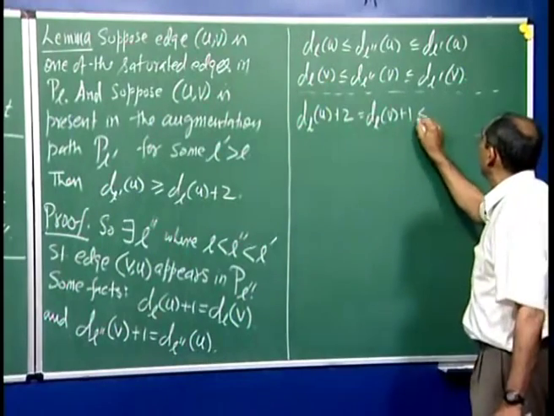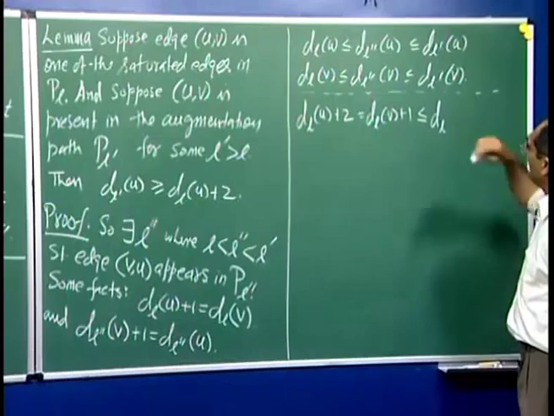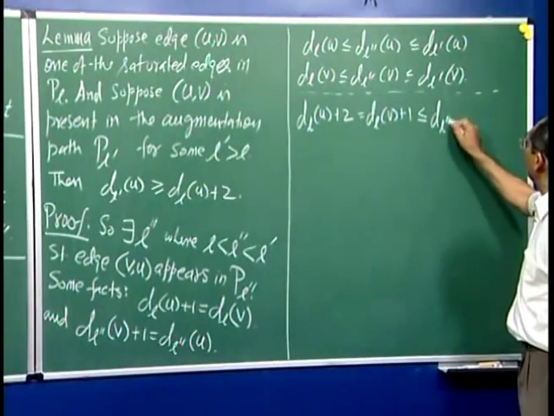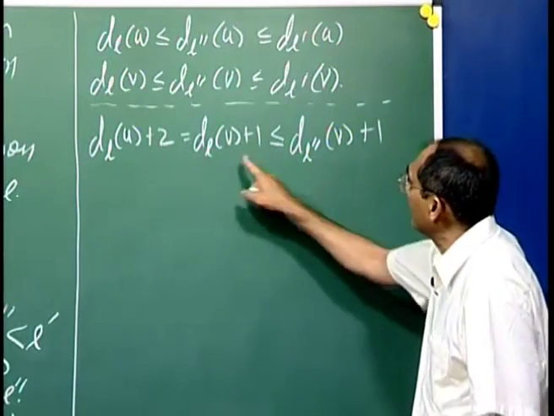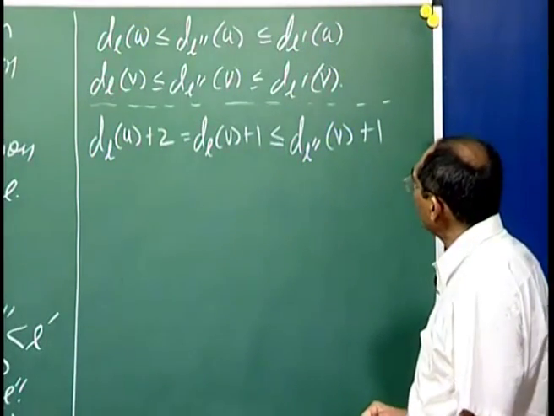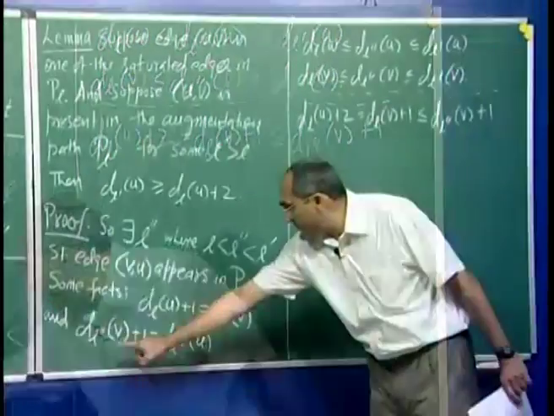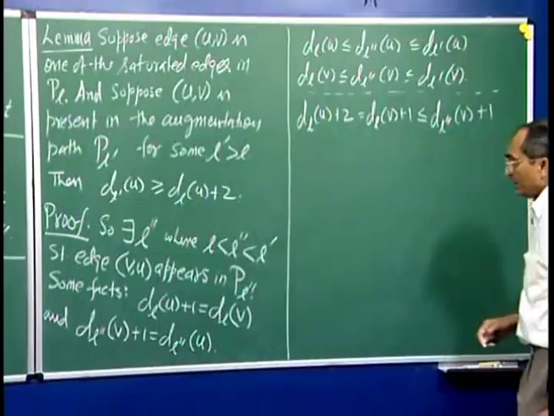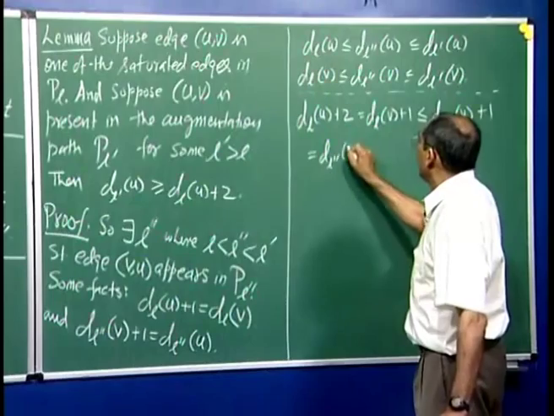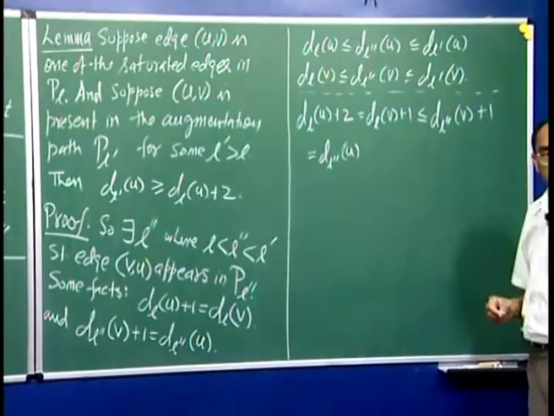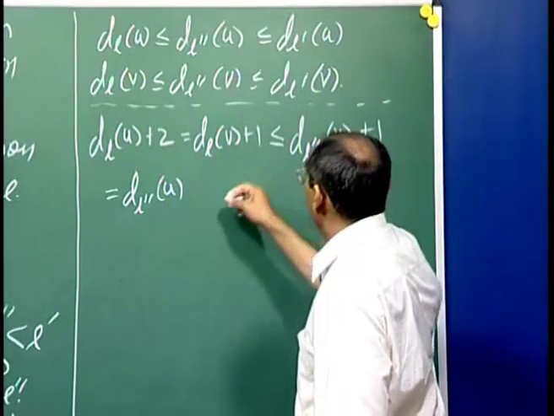This is less than or equal to dl double prime of V plus 1, because this is greater than or equal to this. dl double prime V plus 1 is equal to dl double prime U. This is equal to dl double prime U. dl double prime U is less than or equal to dl prime.